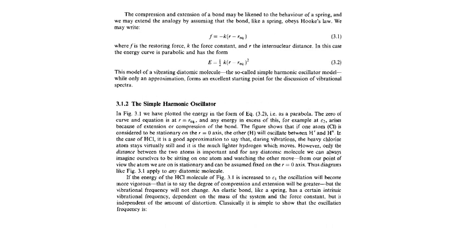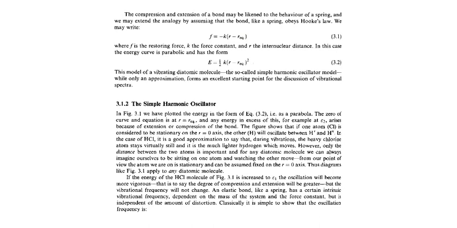And the potential energy of the system is, of course, given by half K (R minus R equilibrium) squared. These two expressions you are familiar with from your mechanics course, and you can consider a vibrating diatomic molecule with a simple harmonic oscillator model.